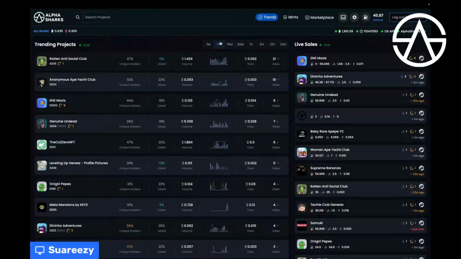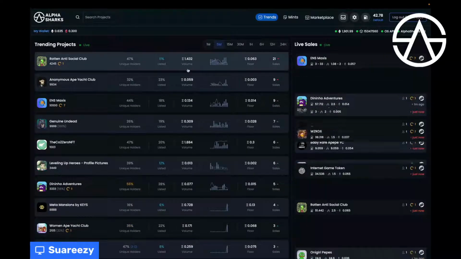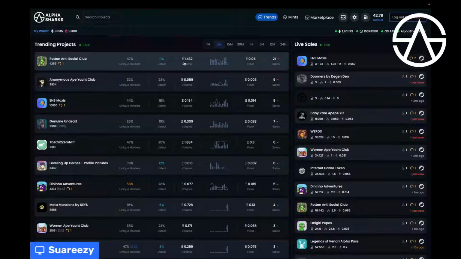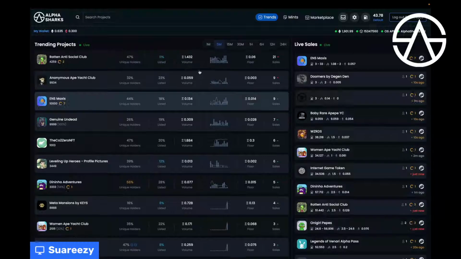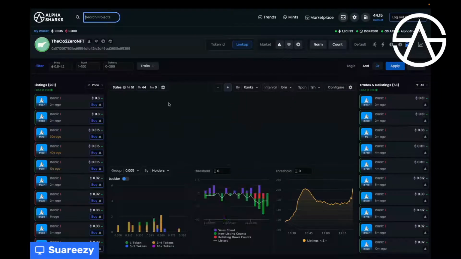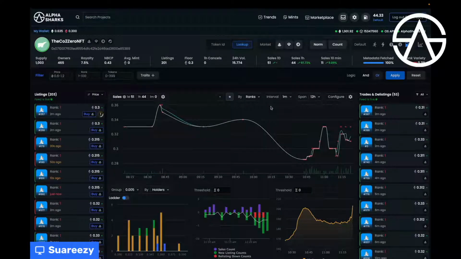Let's go into the 5 minute. Again, looking for ETH volume traded to see if there's anything going on. And we can see this is still top ETH volume traded, at least on the 5 minute here. Oh, we have this. What's this? Ugly price action.